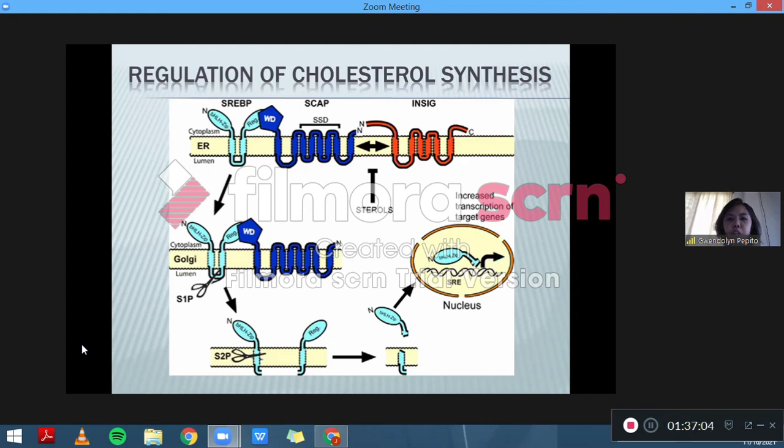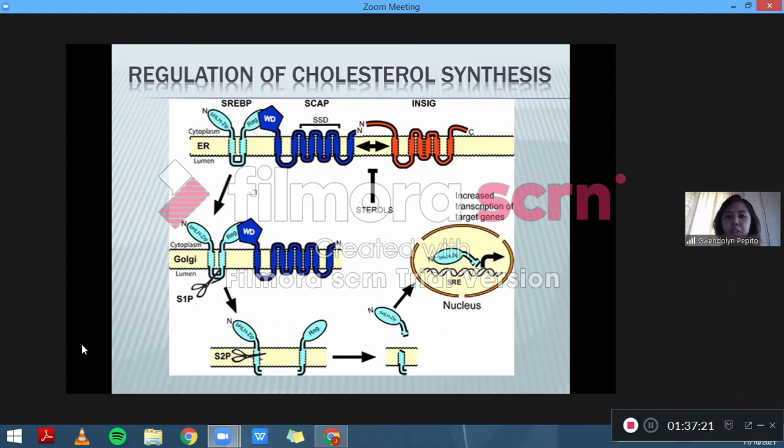If SREBP is activated, you have increased transcription of HMG-CoA reductase.